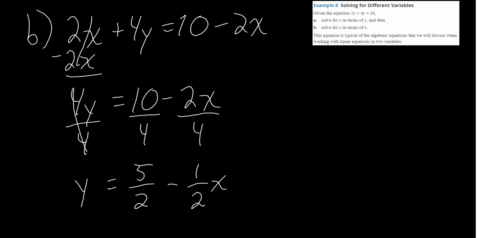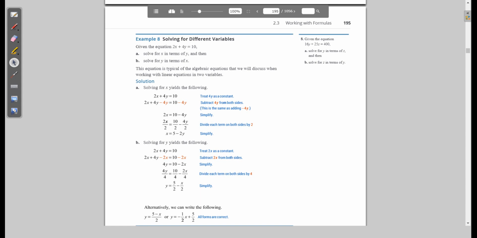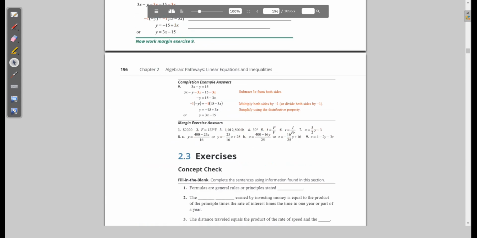Or we could also write that as 5 halves minus x over 2. Notice how I could write this as negative 1 half x or x over 2. I can move the x from the numerator down to the right, or move it up into the numerator. And I believe that does conclude today's lecture.